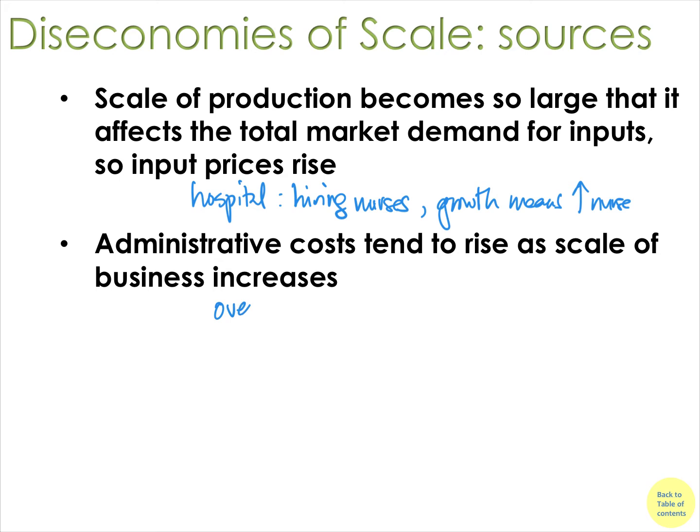Also, oversight can be a headache. So if we're talking about administrative tasks, as you get larger, sometimes it just gets to be, doctor's offices are typically not super huge because it just doesn't make sense. As you get bigger, the oversight and the messiness, the chaos of coordination of everything just gets to be too much of a burden.